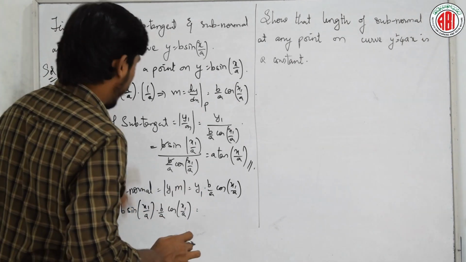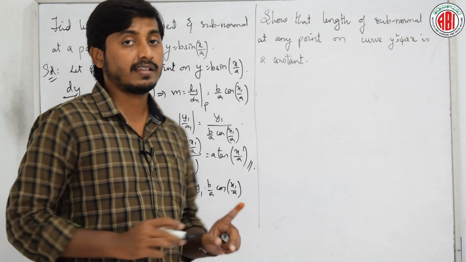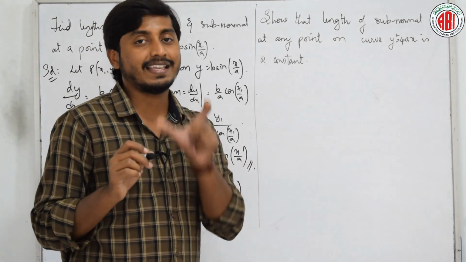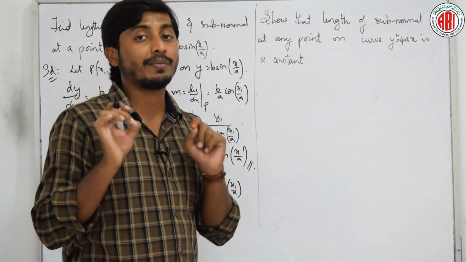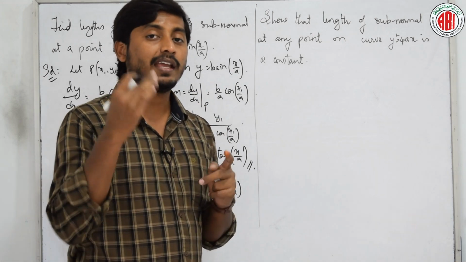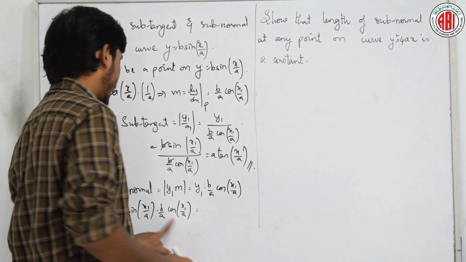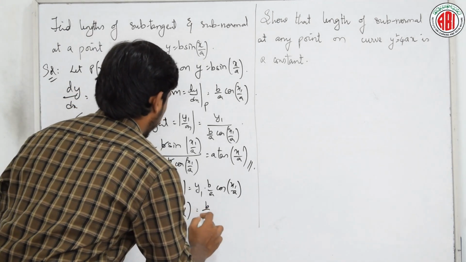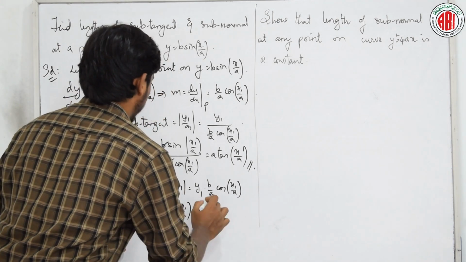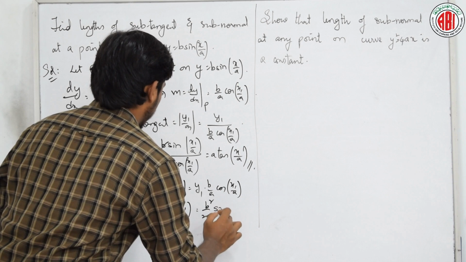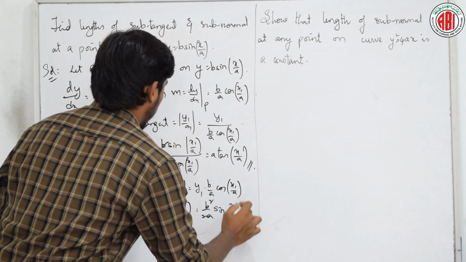Now tell me, here there is a sine term, here there is a cos term. Whenever we see sine and cos side by side, we have to remember that we need to multiply and divide by 2. Therefore, it becomes 2 sin A cos A, that is nothing but b by 2a, sorry, b square by 2a sin 2x1 by a.